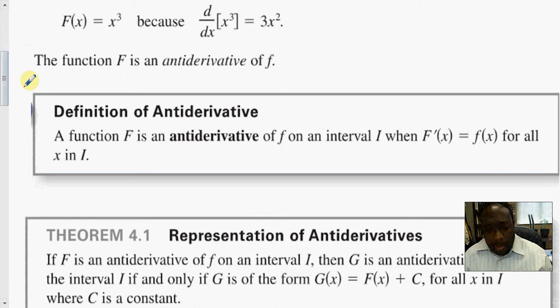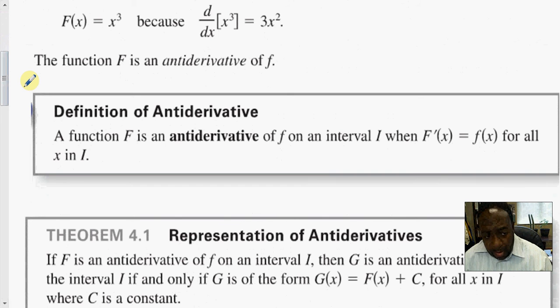The definition of antiderivative: a function capital F is an antiderivative of f on some open interval I where the derivative of capital F of x is equal to f of x for all x in I. So we give the notation that capital F is said to be the antiderivative.